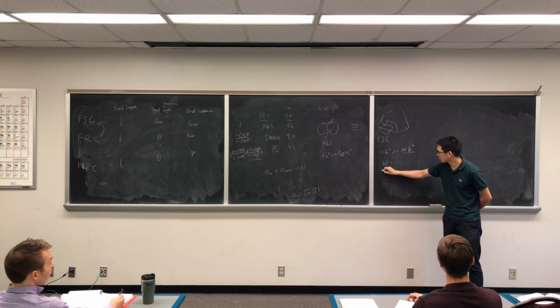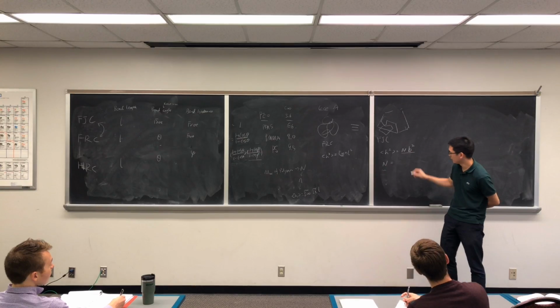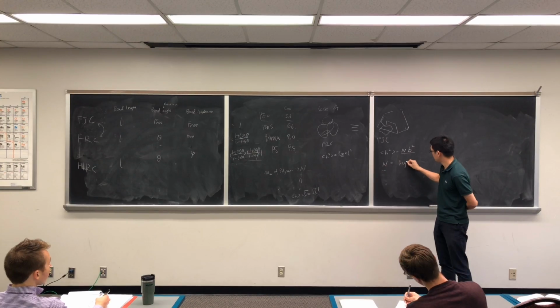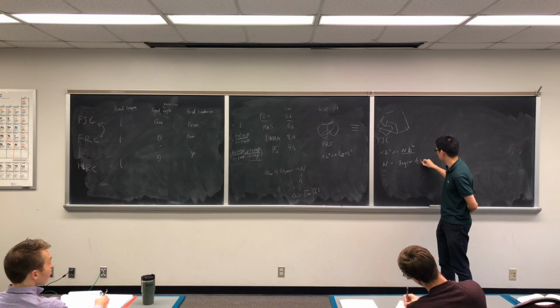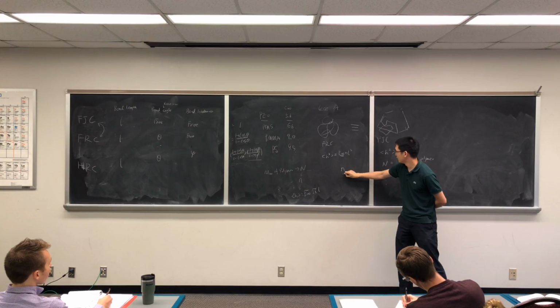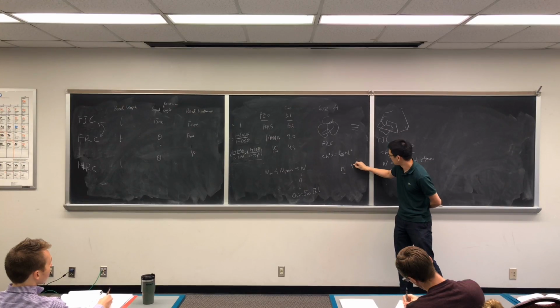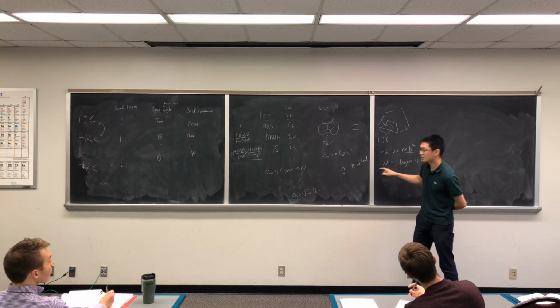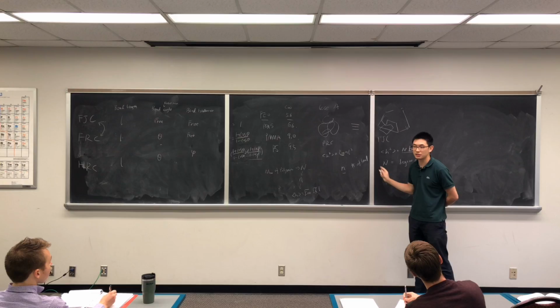You can actually use n defined as the degree of polymerization, and then the other n is the number of bonds, which is slightly different between these two, right?